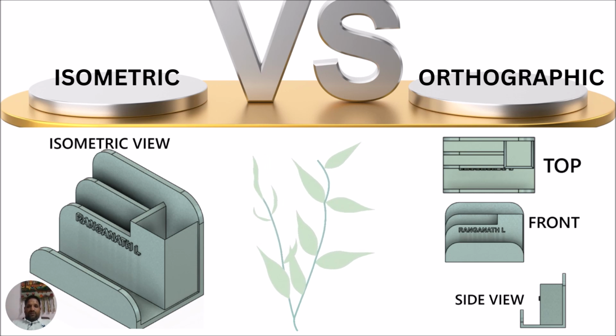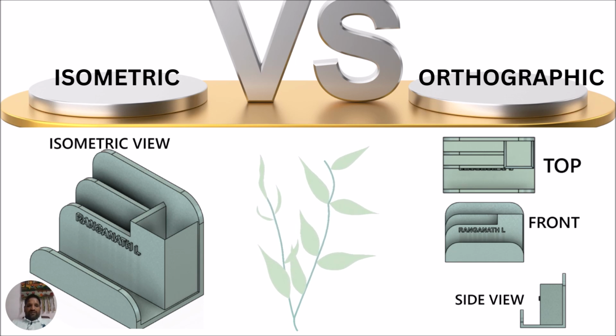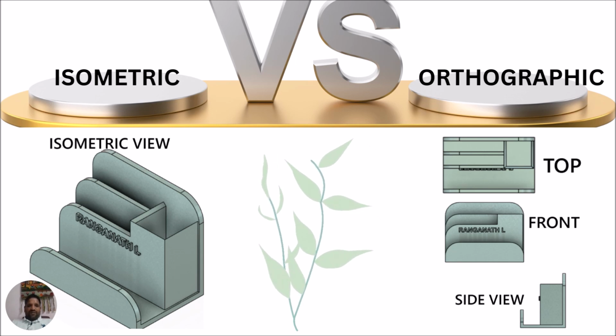What is isometric view is, in a view, if you are able to see front, top, side. If I can see all these 3 views together in a single view, see for instance, can you see the front view of it? Yes, I can see the front view. Can you see the side view of it?